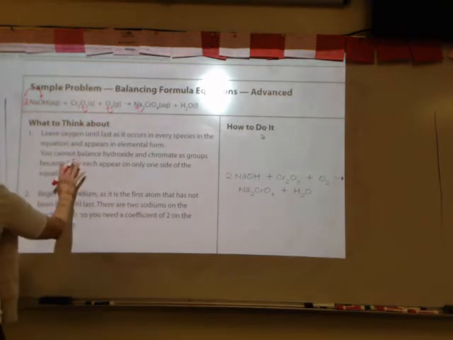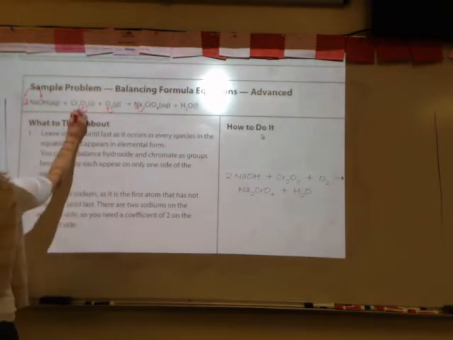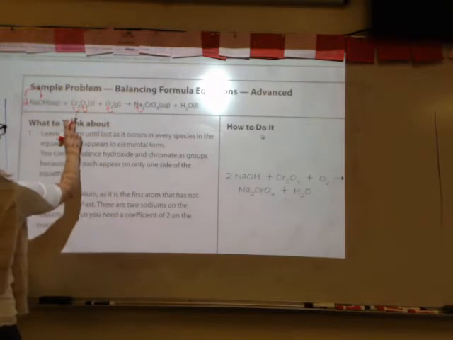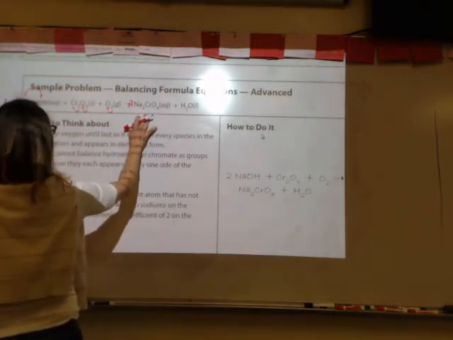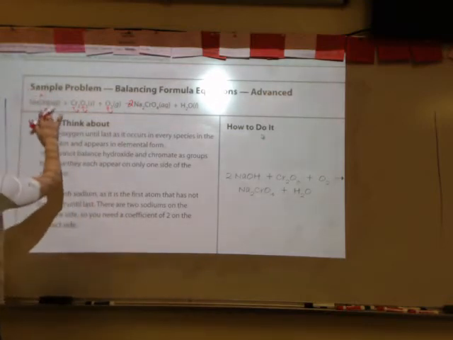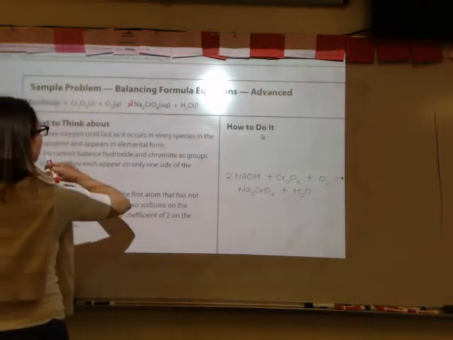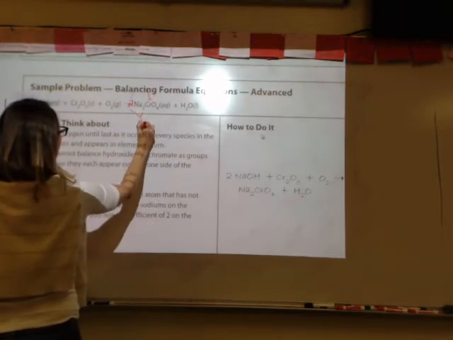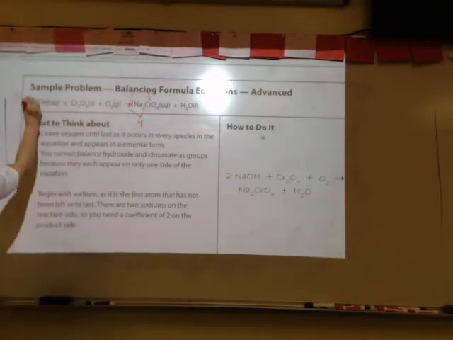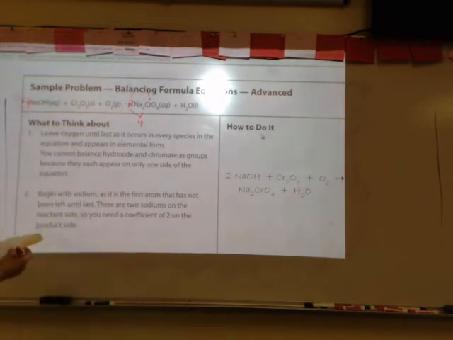I'm going to wait on balancing that because I've got 2 chromium in the Cr2O3. So I'm going to put a 2 here in front of the Na2CrO4, which then changes my sodium. So when I balanced my chromium, I now have 4 sodium on the right side, so I'm going to put a 4 in front of Na.